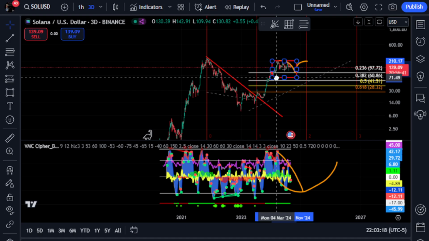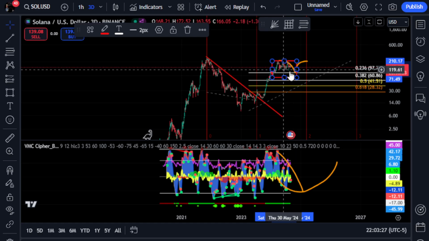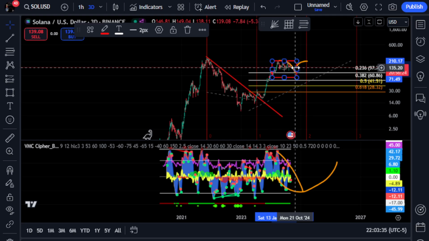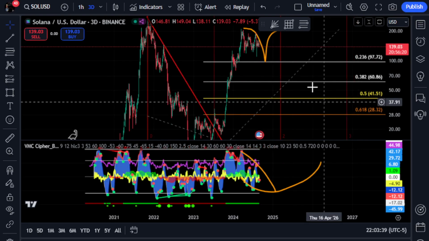So if we were to come down that same amount, we would be looking at about $75. I'm not saying that's what we're looking at, but you can see we've come down about half of that amount.